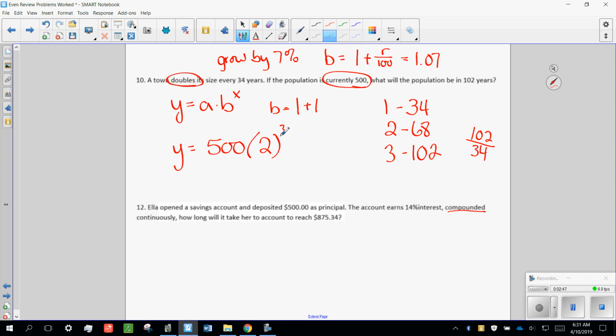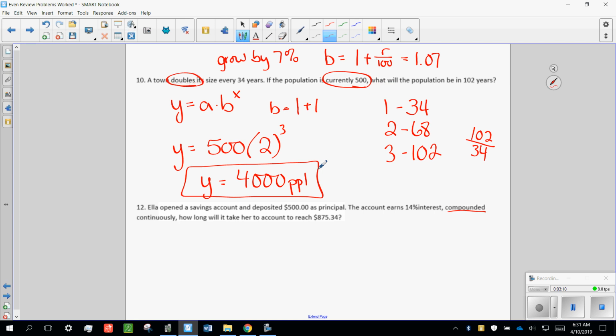So y is equal to 2 to the third power. 2 to the third power is 8, so we're going to end up with 4,000 people in 102 years. That takes a long time, but now it's a booming town.